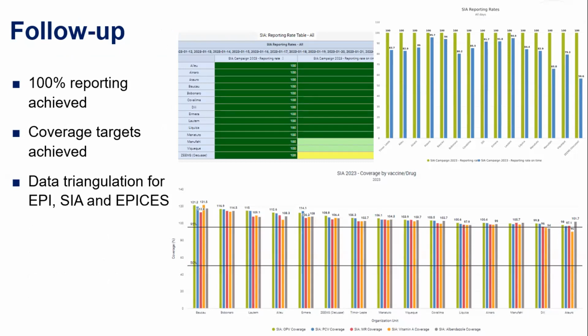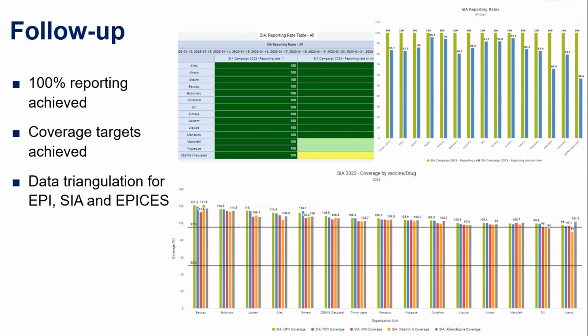We conducted the campaign over about 6 weeks. Daily reports were completed by the end of the campaign, and almost all districts had good timely reporting also. Using this monitoring system, we were able to achieve the national target, which was 95% coverage for all the products.